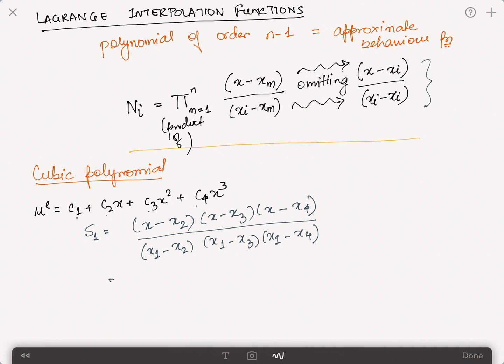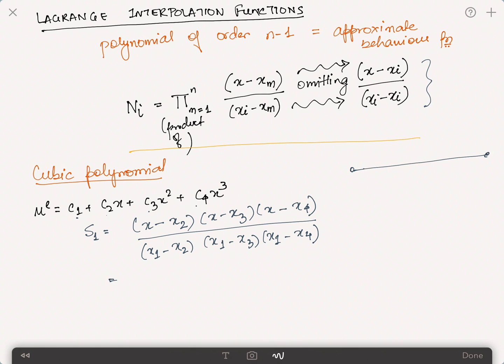Let me just pick an example now because then I can put in numbers and show you the final shape function N1. Say again that it's just a simple one-dimensional axial element, which means only 1 degree of freedom per node.